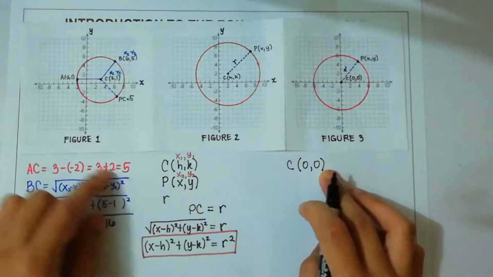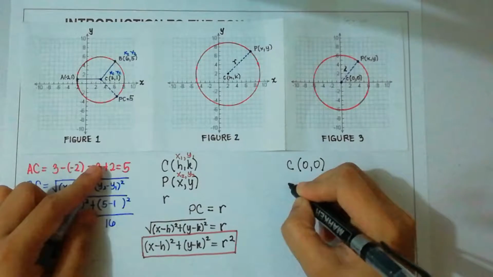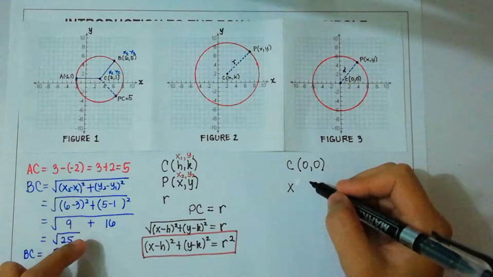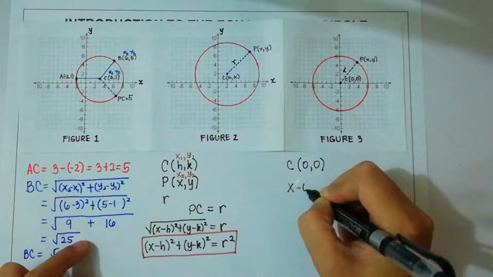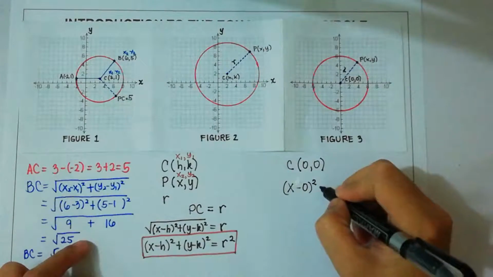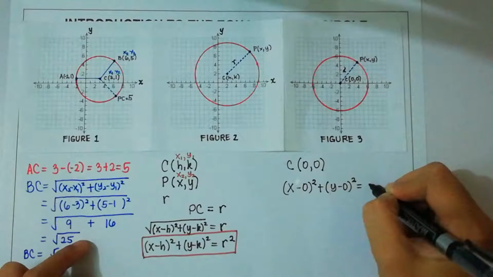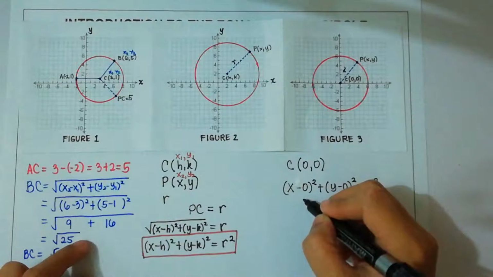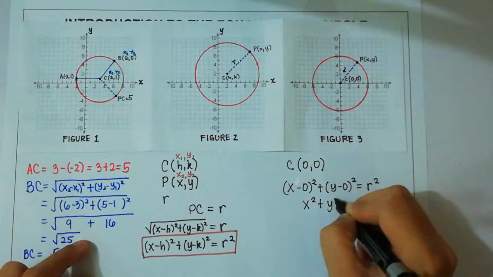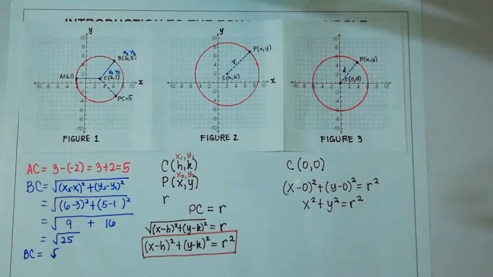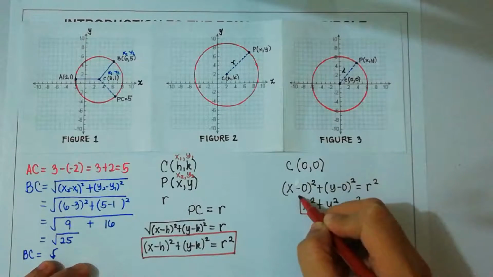After substituting it into our standard equation, we have (x minus 0) squared plus (y minus 0) squared equals r squared, so we now have x squared plus y squared equals r squared. So these are the standard equations of a circle according to their location on the graph.